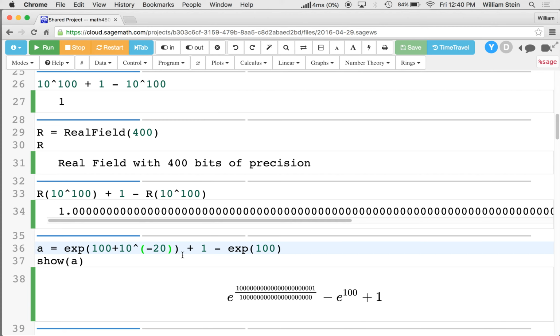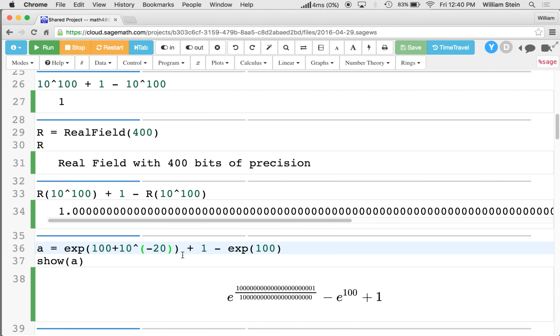Then I subtract e to the 100 and add 1. So the expression should be very close to 1, because e to the 100 plus a tiny thing is e to the 100 times e to the tiny thing, and e to the 0 is 1.